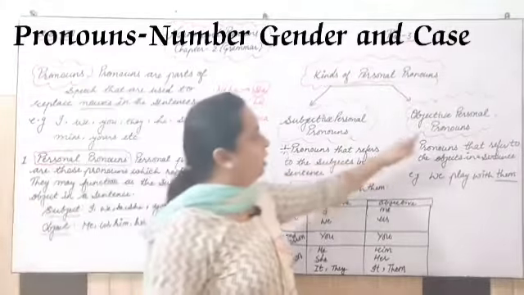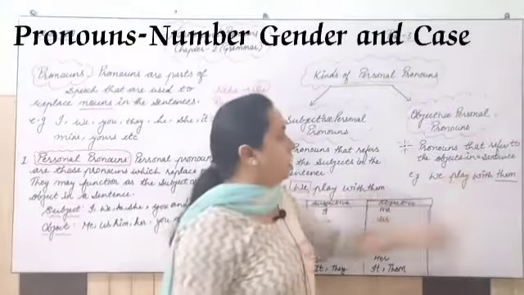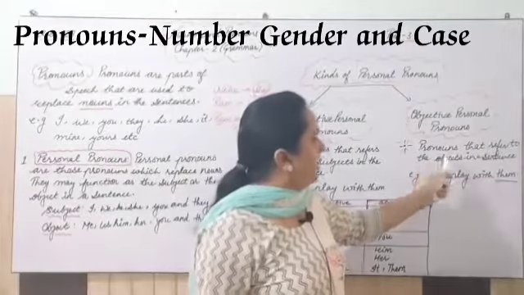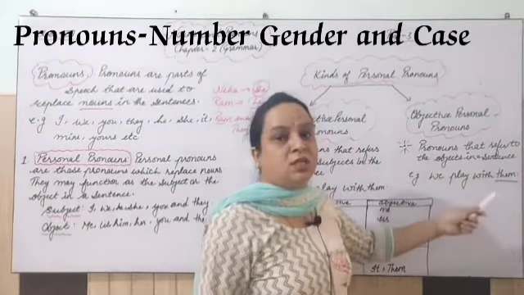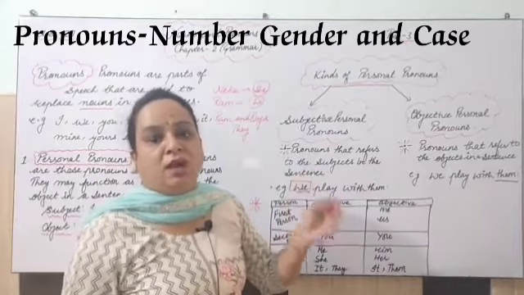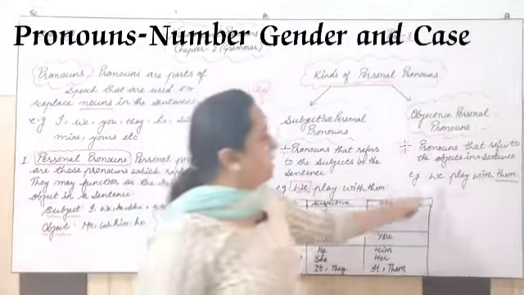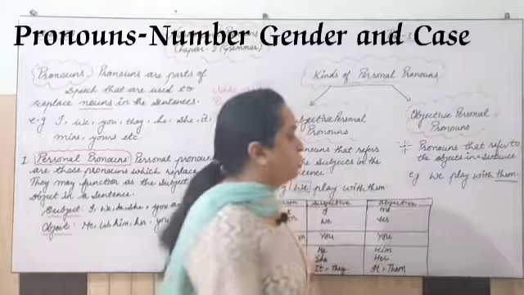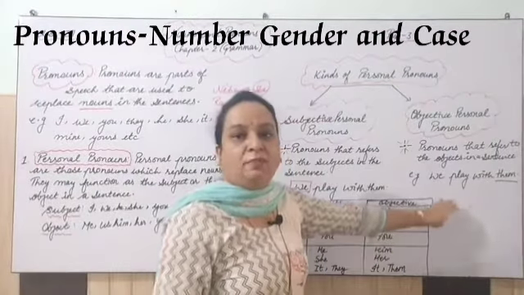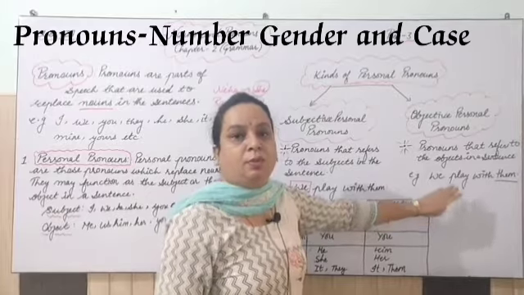Let's see the second one, objective personal pronoun. So, what does it say? That pronouns that refer to the objects in a sentence. And what is the position of object? Object remains after the verb. So we play with them, right? So we is what? We is also a pronoun, but that is a subjective personal pronoun.